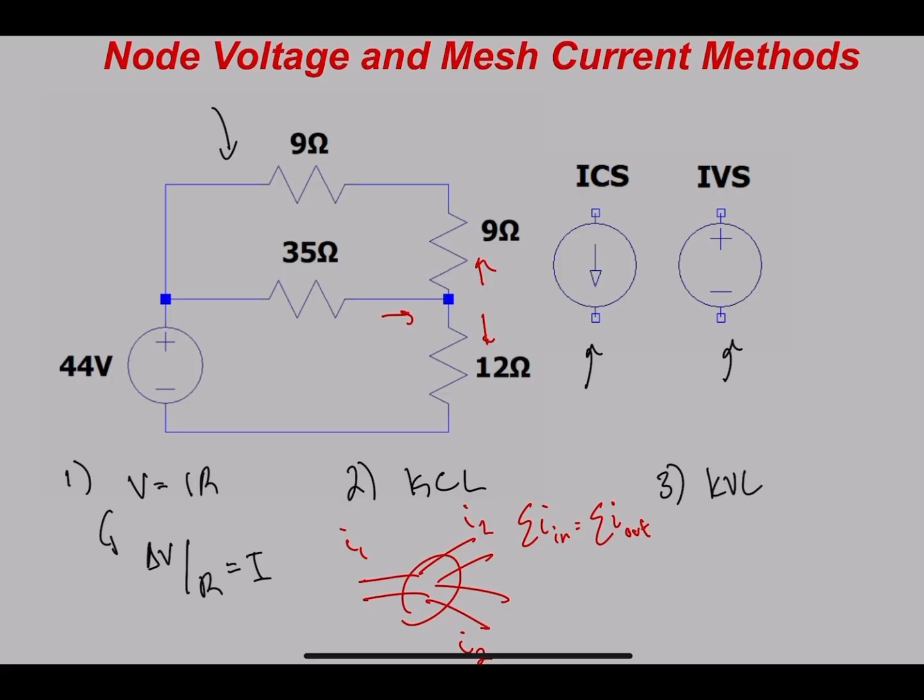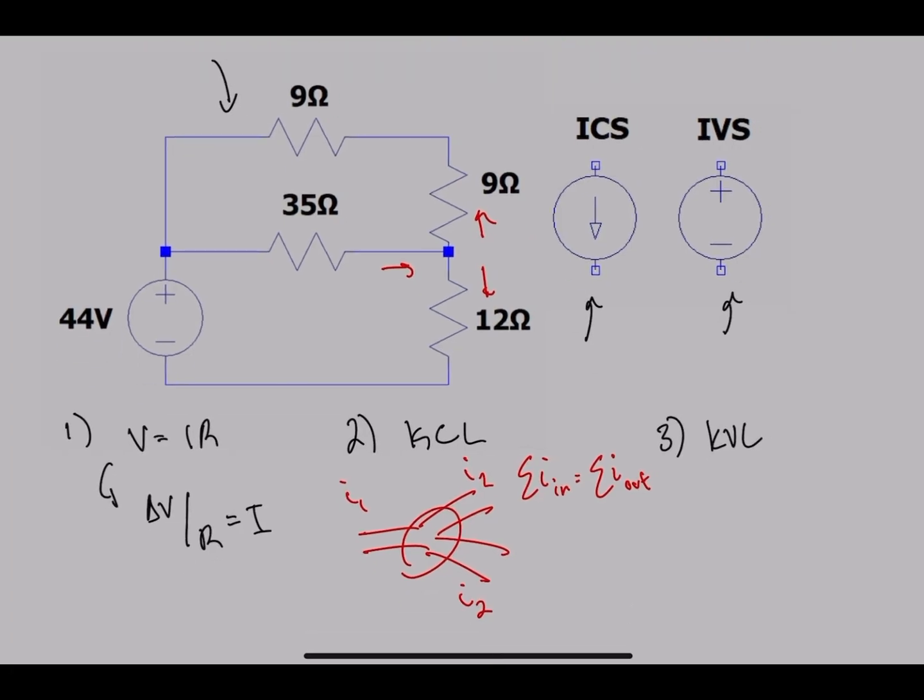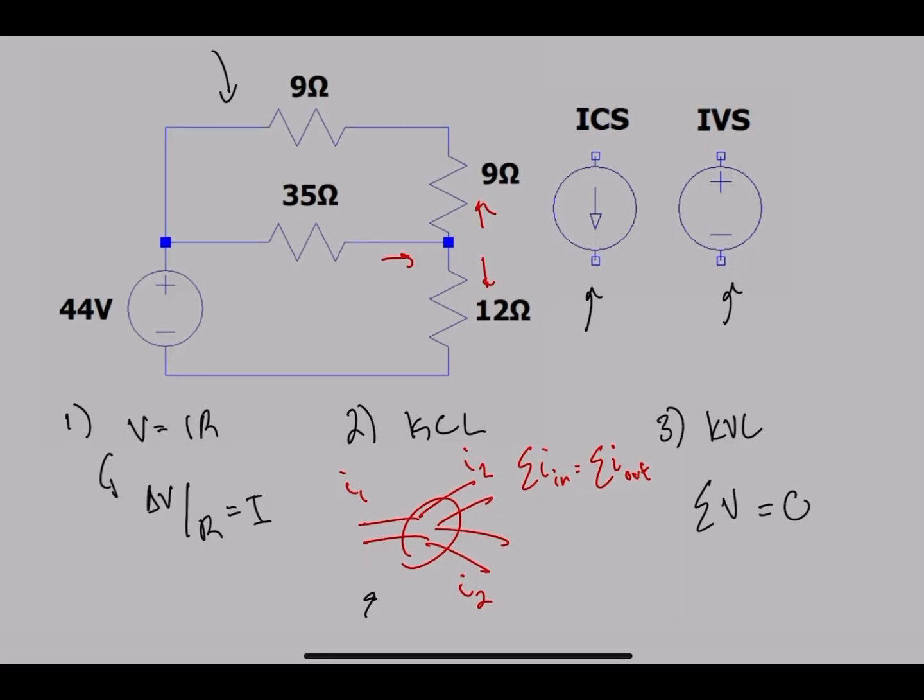The last one being KVL, which stands for Kirchhoff's voltage law. It essentially states that if you have a closed loop, the sum of the voltages of each component will sum up to zero. This is an application of conservation of energy, I should say, and for KCL it was conservation of charge.